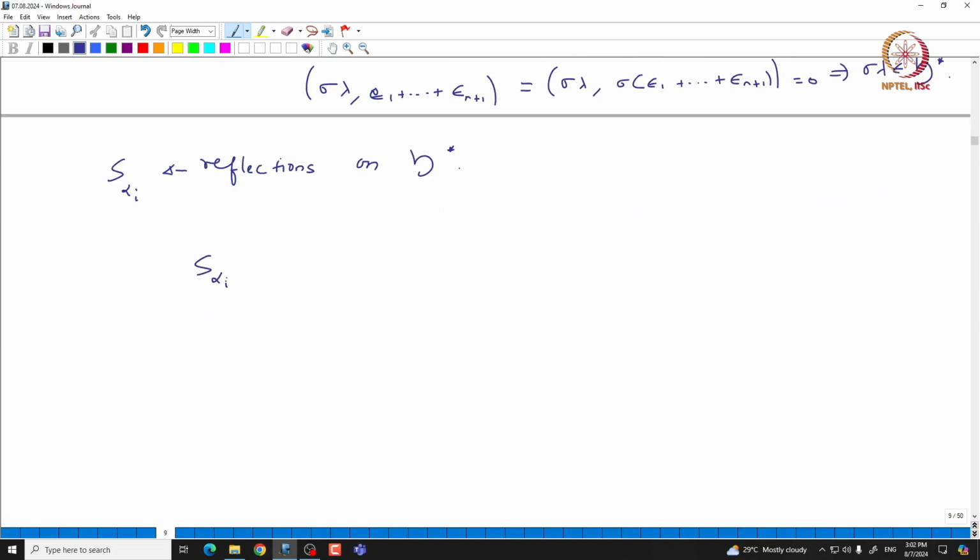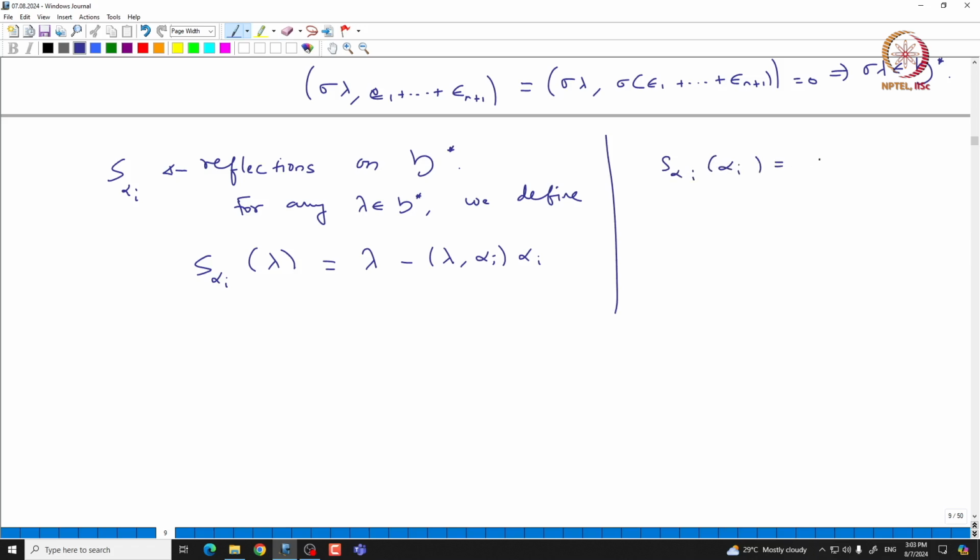Just use the formula: for any lambda in H star, we define s alpha i of lambda to be lambda minus lambda comma alpha i times alpha i. Okay. So, this is going to give us a reflection, because if I take s alpha i of alpha i, that is going to be minus alpha i.